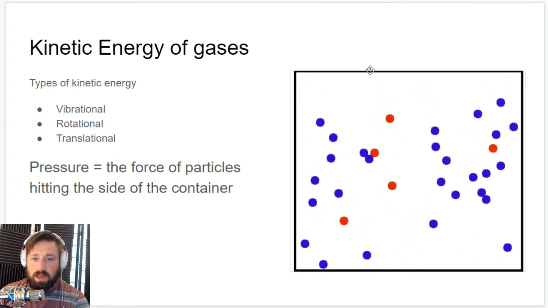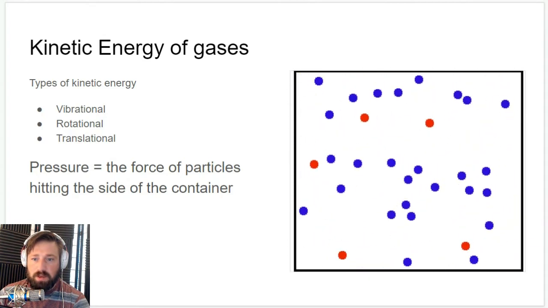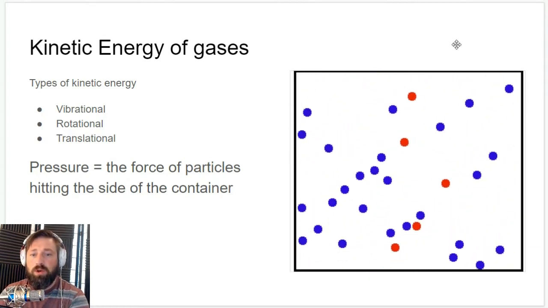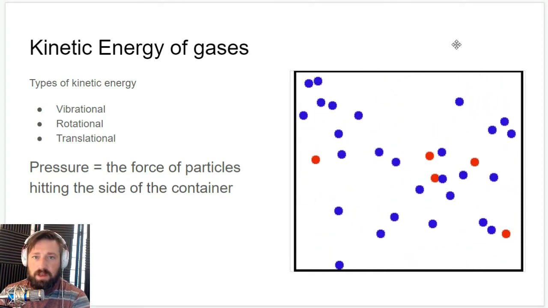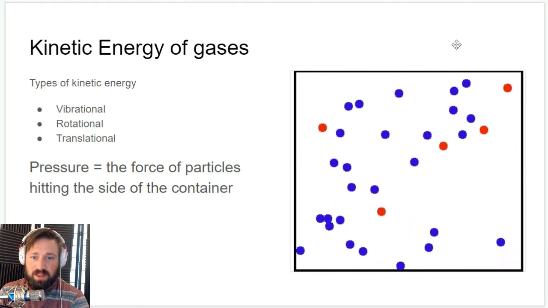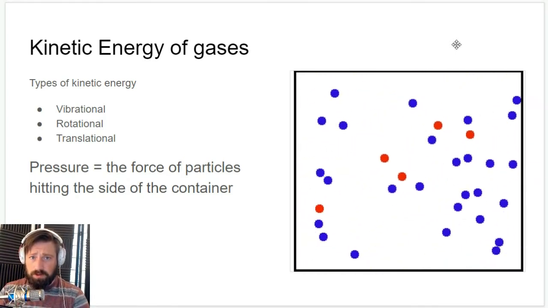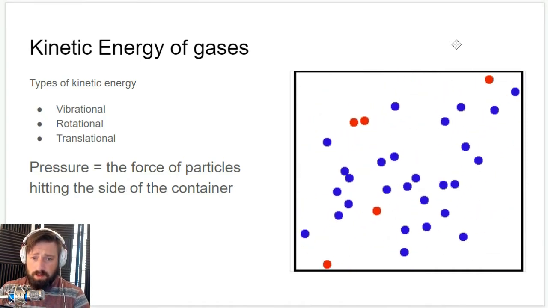Pressure is the amount of force that's applied to the barrier wall. You can think about this as how often and how hard the particles are slamming up against the wall. That's what pressure is, just particles slamming into a particular thing.